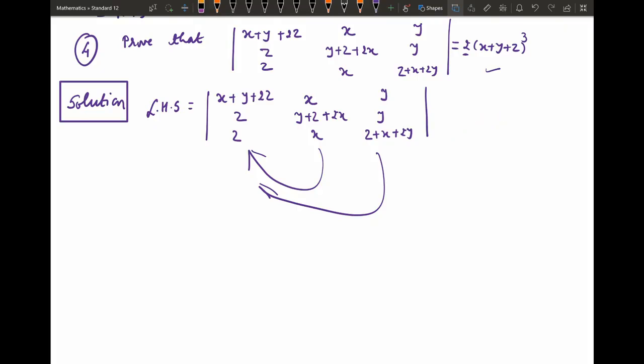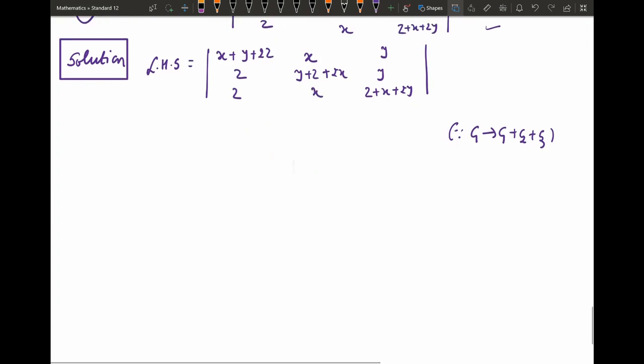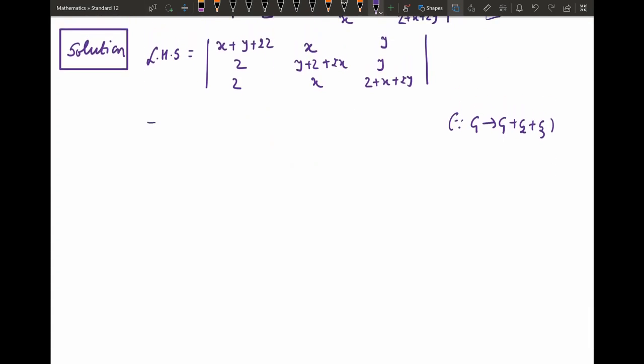So now we perform this. We give reason C1 to C1 plus C2 plus C3. So now the first column will be, second and third column multiplied by 1, adding the corresponding entries of first column. So here it will be x plus x, 2x, y plus y, 2y, so 2 times x plus y plus z.